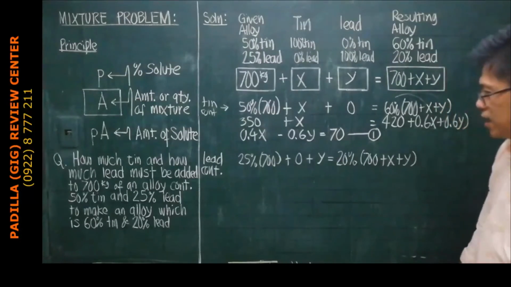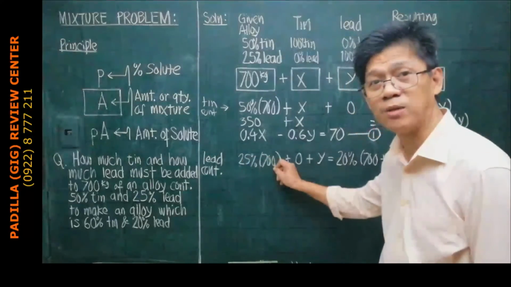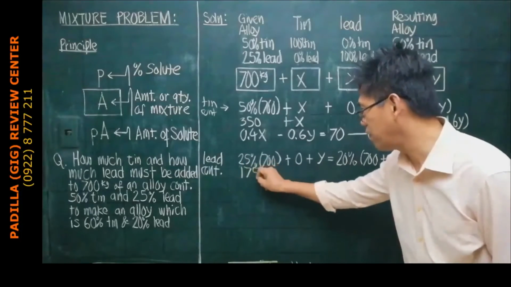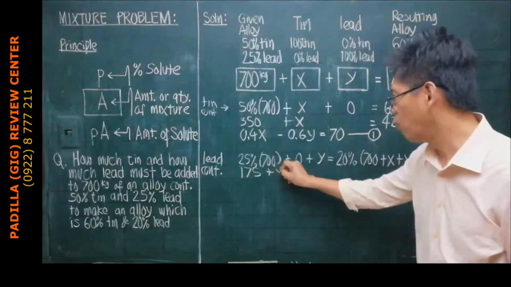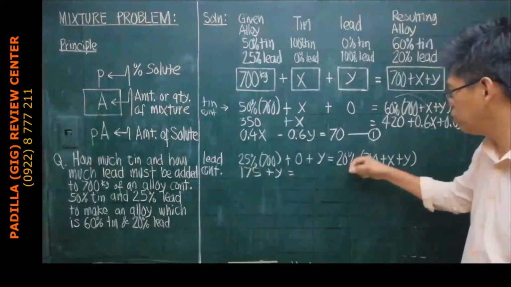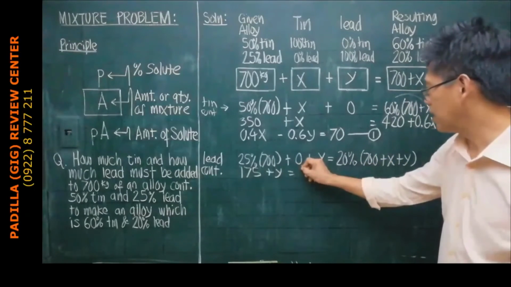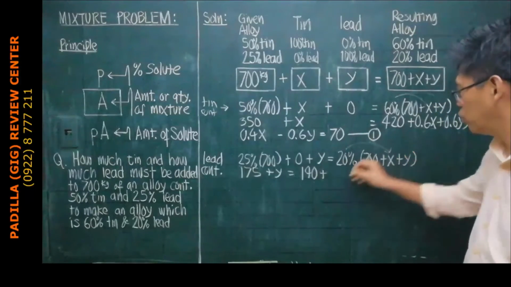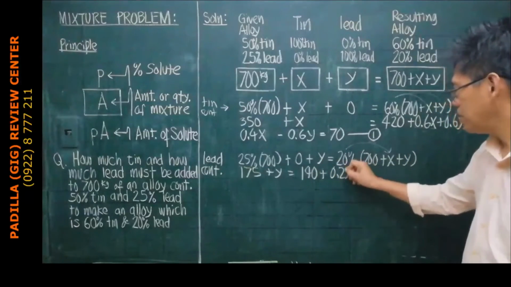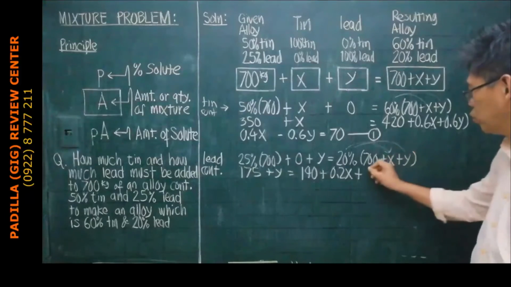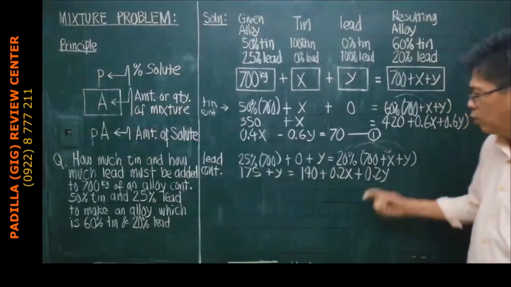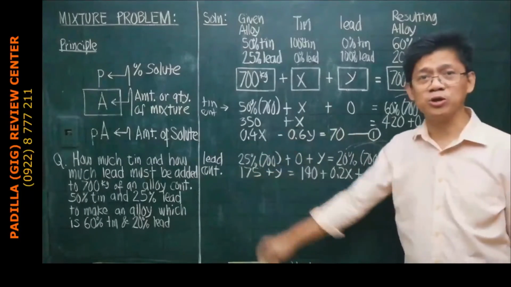We simplify this. You have 0.25 times 700, that is 175, plus Y is equal to 0.2 times 700, that is 140, plus 0.2 of X plus 0.2 of Y. Now, we move all variables to the left.